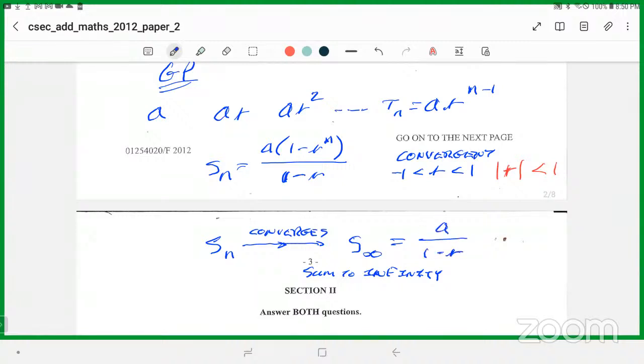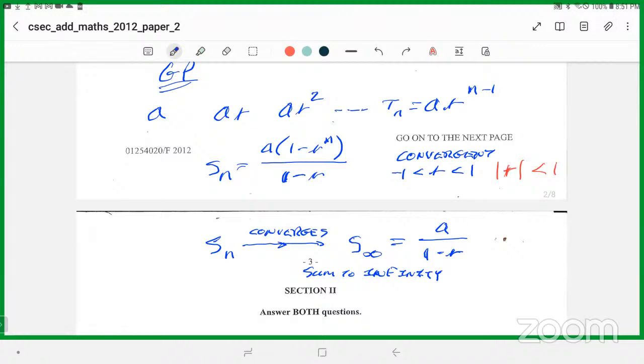Now, why is that? Because this R to the N becomes 0 when N becomes very, very large. Let me give you an example now. It's basically saying when the number of terms gets very, very large, comes to infinity, the sum in this formula tends towards this value. The sum to N converges to this instead.